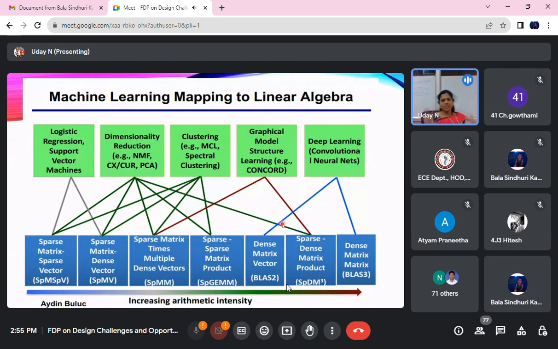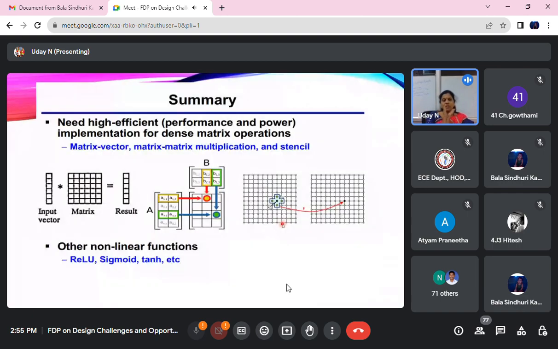So what we want to summarize is that whenever you are considering a processor to perform all these tasks, we should have a high performance and low power system to implement dense matrix operations, which include matrix to vector multiplications, matrix to matrix multiplications, and kernel-wise multiplications.